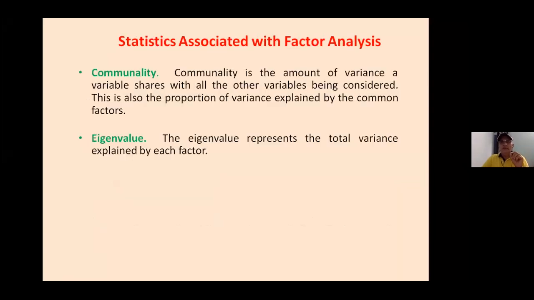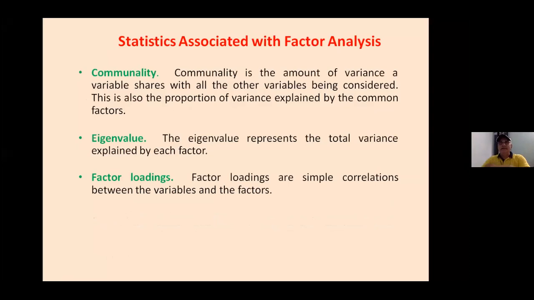Then there is one term which is called commonality. Commonality is how much variation one variable shares with the rest of the variables. For example, if there are 120 variables and the commonality of variable V1 is 0.79, that means V1 shares 79% of the variation with the rest of the 119 variables.